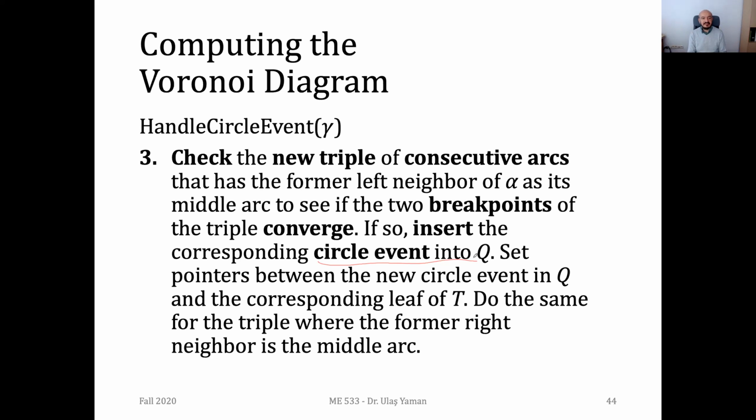If that's the case, if some breakpoints are converging to each other, then you should find this circle event and store it into the event queue. And again, the rest is the same. Do some arrangements for the pointers, do some rebalancing, and make sure that your data structures are all fine.